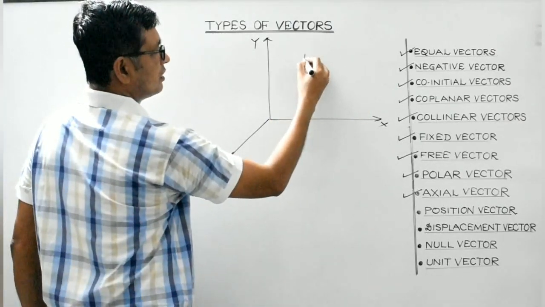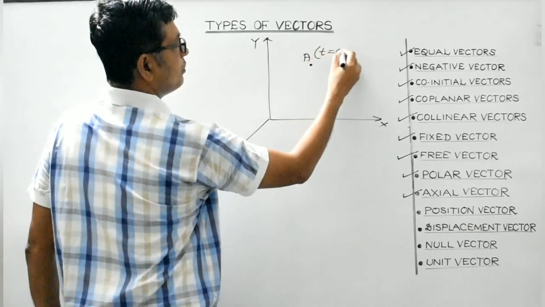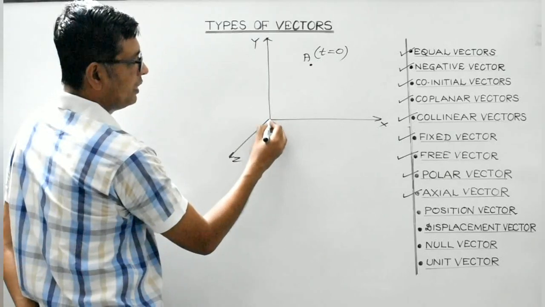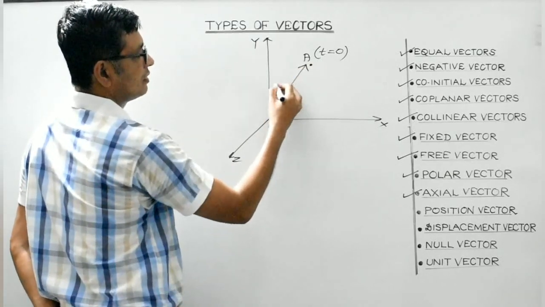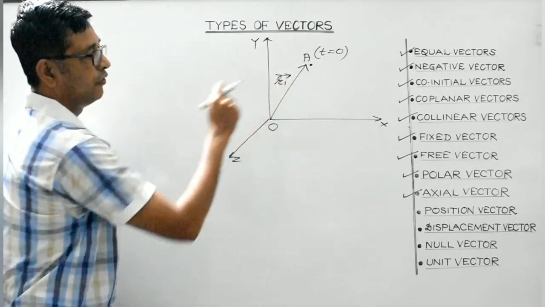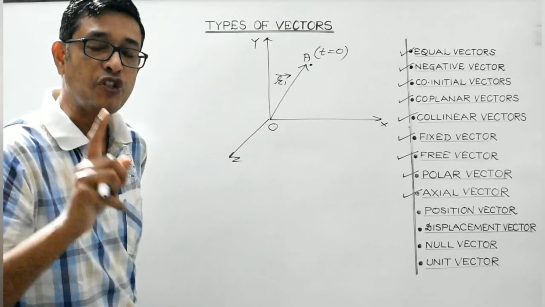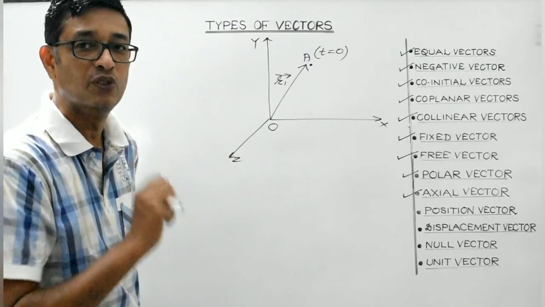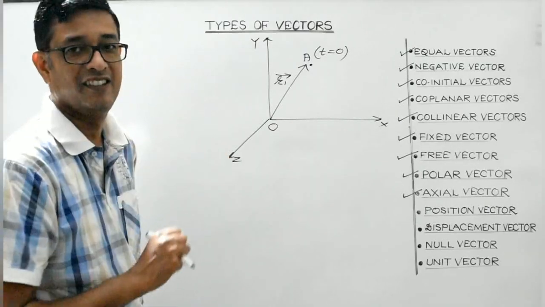Suppose the body is initially at this particular point, initially at t equals 0. So its position vector would be represented like this. This is r1 vector. R1 vector represents the position vector of the particle at instant t equals 0 when it is at point A.